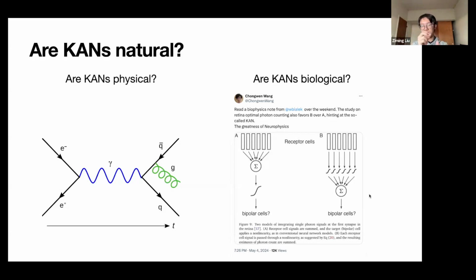But it's on the nodes that interesting physical interaction happens. So that's more aligned with MLP.